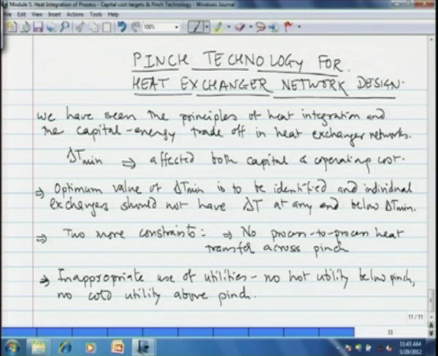Now, these rules are necessary for design to achieve the energy targets, assuming that no exchanger has delta T min less than the given set value.